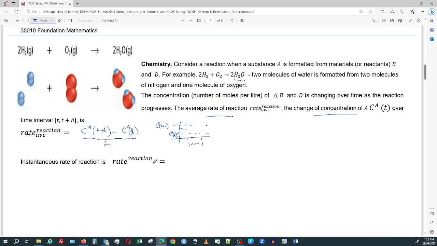Rate of reaction as a function of time. So we use our insurance policy to show the change of concentration over h is the differential.